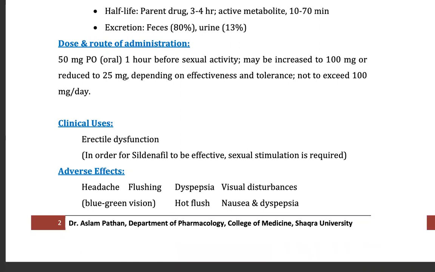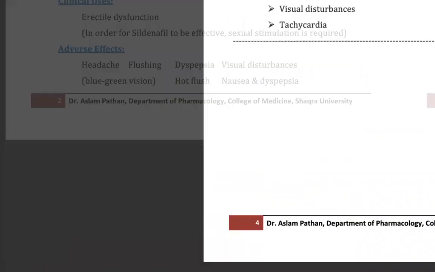Headache and dizziness. Then flushing, we can say hot flush. Regarding the GIT, dyspepsia, visual disturbances, and some blue-green vision. Yes, we will discuss this in the precautions, why there is blue-green vision after taking sildenafil. Nausea and dyspepsia are related to the GIT.